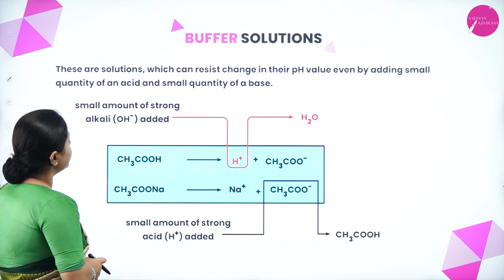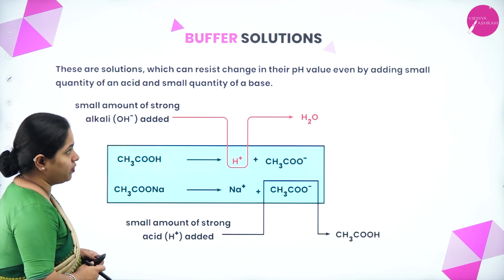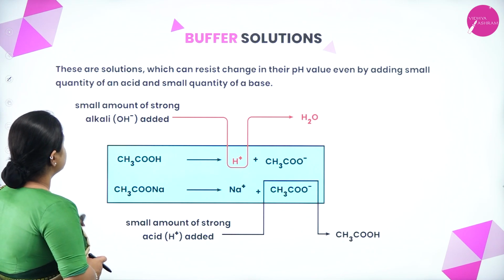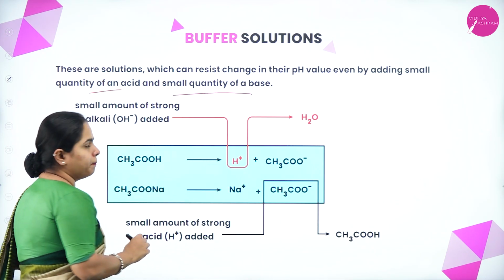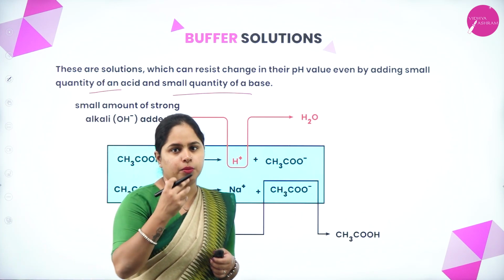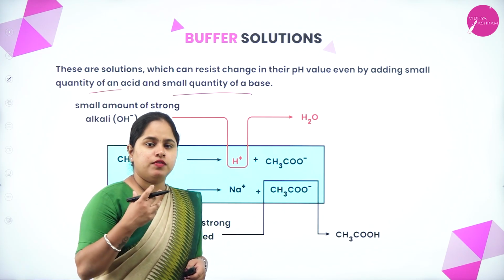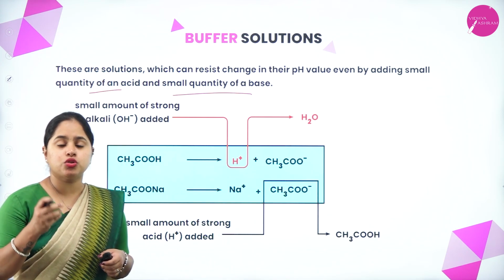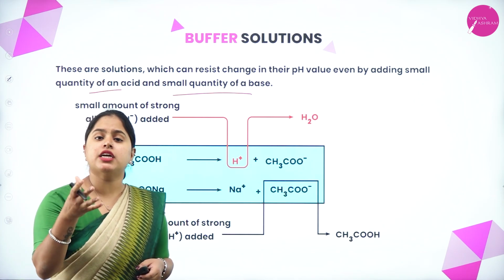These are solutions which can resist change in their pH value even by adding small quantity of an acid or a small quantity of a base. So these are special type of solutions. These buffer solutions are special type of solutions which is formed, and to this if we add a small amount of acid or base, its pH won't change.